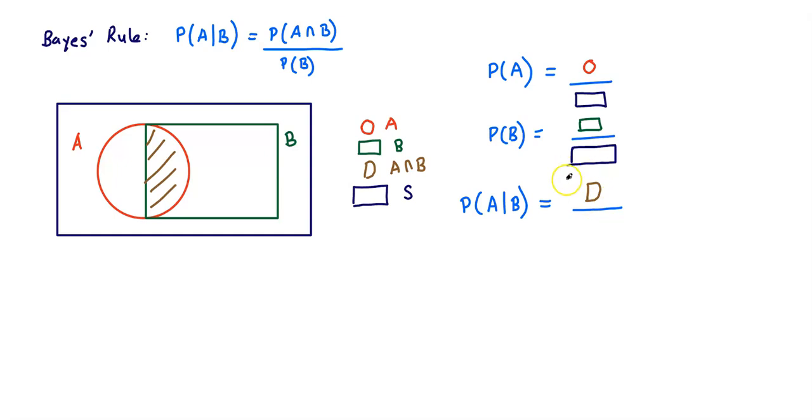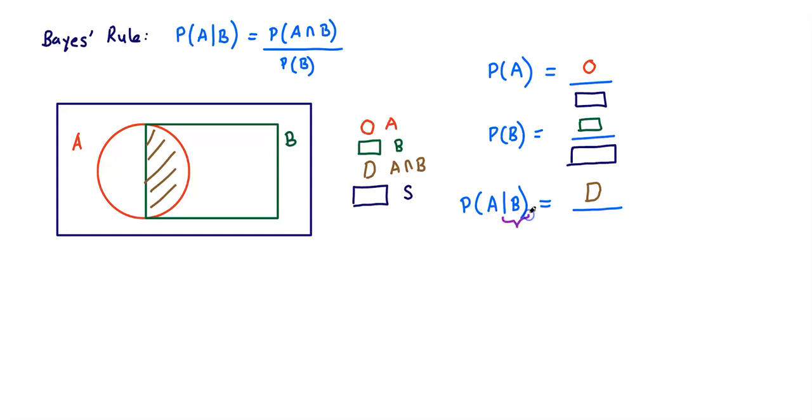And it has to land in the intersection, but I've already told you that it has landed in B. So the sample space in this particular case, maybe sample space isn't the word for it, but the set of all possible outcomes here is B, because we are told that B has already occurred.